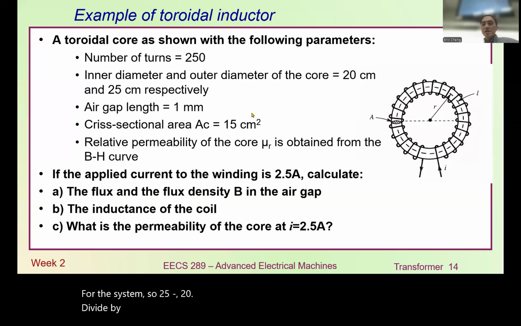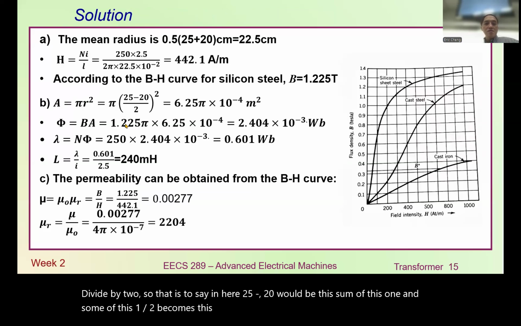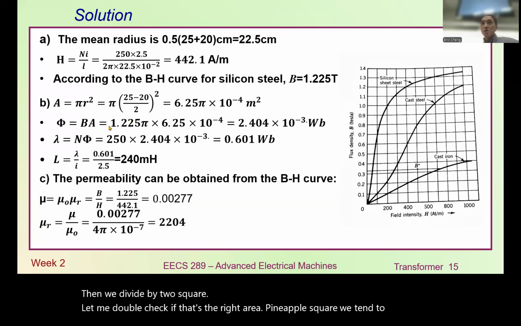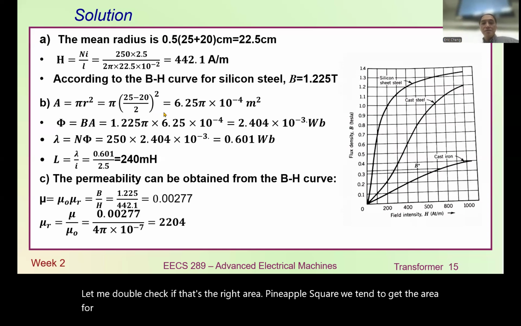That is to say, 25 minus 20 would be the sum of this one and this one, divided by 2, becomes this one. Then we divide by 2 and square. Let me double check if that's the right area. Pi r squared, we tend to use to get the area for the flux component, right?